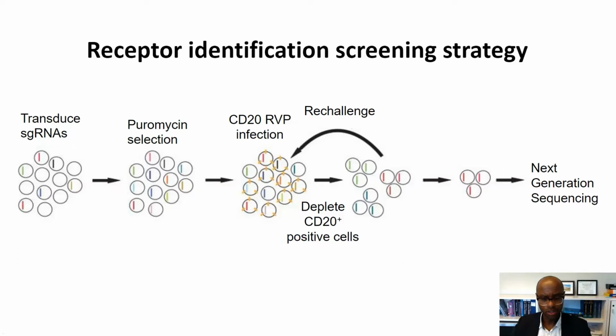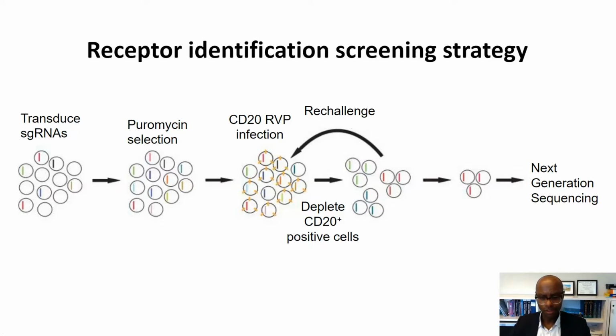In this case, what you'll see is that I'm showing you as these little yellow marks on the cells that are infected with CD20 RVPs, effectively cell surface expression of this marker. And then we use magnetic beads to deplete the CD20 positive cells, so that only cells that are resistant, meaning cells that contain guides that knocked out potential receptor candidates, are carried through.